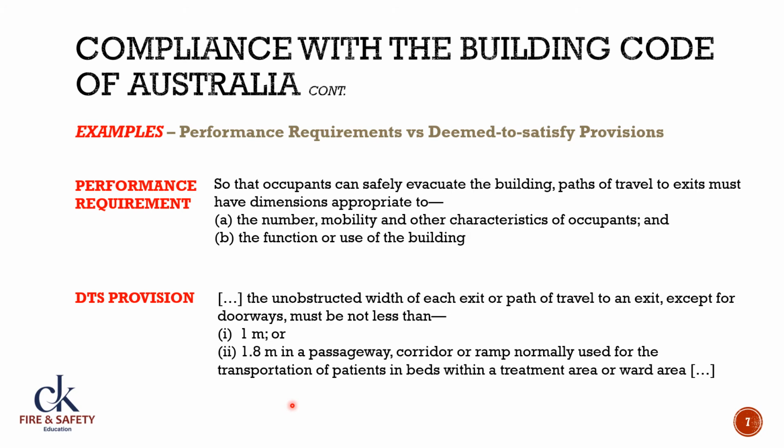So this example, again dealing with path of travel to exit under the DTS provision, states the unobstructed width of each exit or path of travel to an exit, except for doorways, must be not less than 1 meter, or 1.8 meters in passageways, corridors or ramps normally used for the transportation of patients in beds within the treatment area or ward area. Essentially, the same requirement is applicable to a space that would be used by 2 people and by 100 people, whereas using performance requirement, we can design it to be very specific to the proposed use.